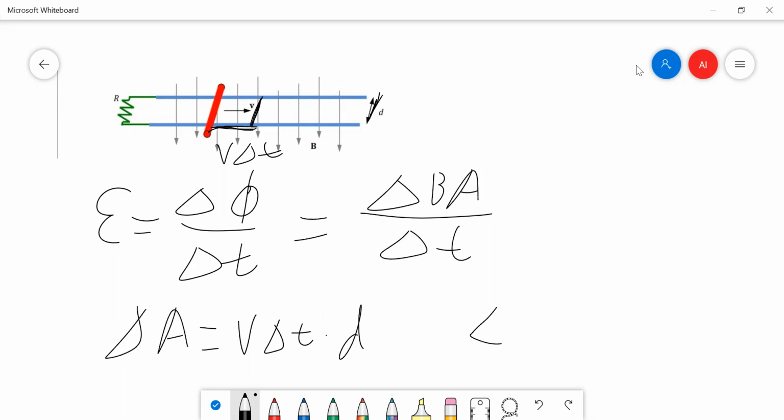Let me just rewrite this. E is equal to B times V D. And that's basically how to calculate the EMF induced into the rod.